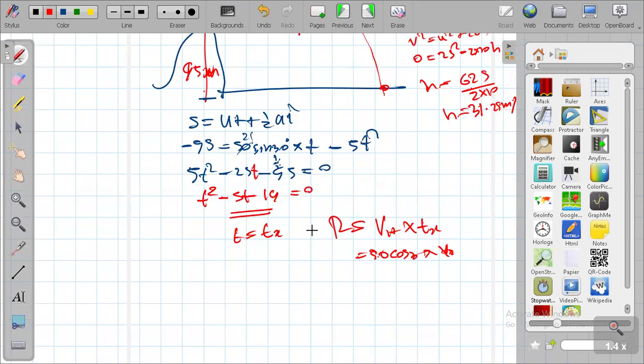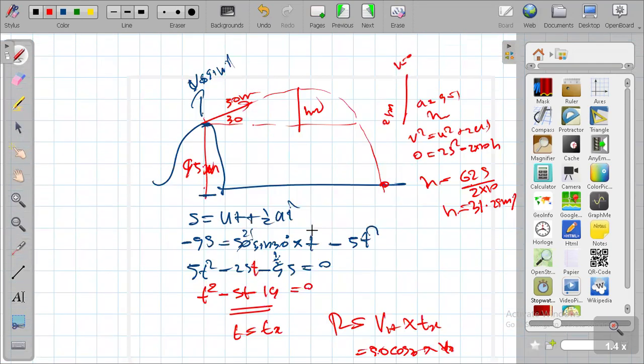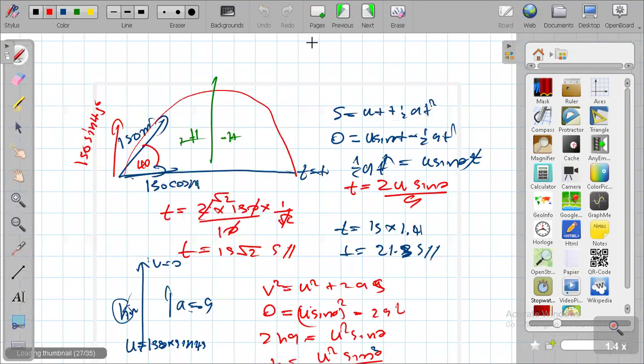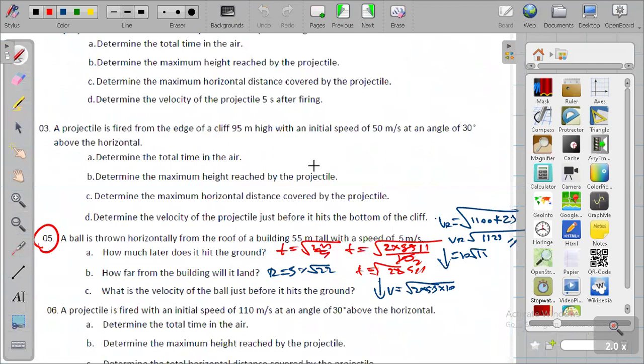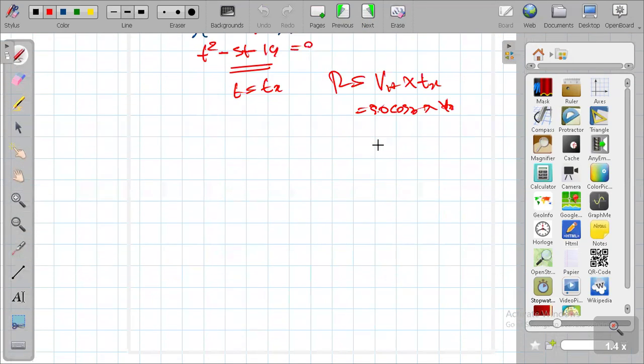I hope you understand. Velocity, you know now what to do. When you know the time, you can find out the vertical velocity. So v equals u plus at, you can find out the downward vertical velocity applying this time there.